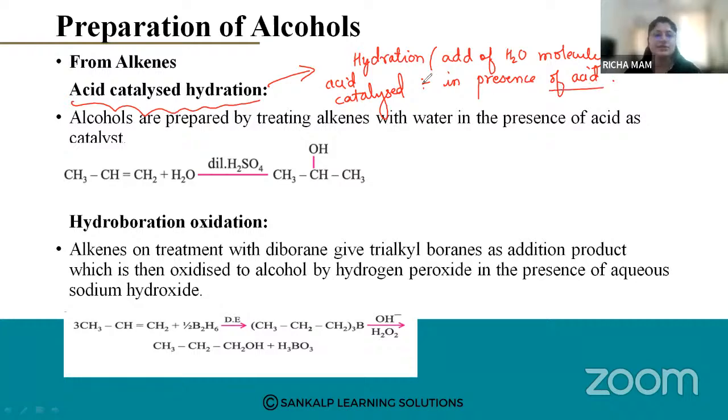Now here we take an alkene. We have taken propene, prop-1-ene. To this propene, we are going to add a molecule of water in the presence of acid. Which acid are we taking? We are taking dilute H2SO4, which will provide H plus ions.